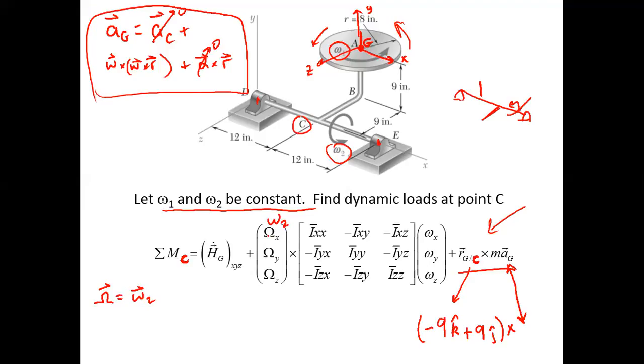Right, it's in the X, so that's what this is going to be. And then what would I put in for capital omega Y and capital omega Z? Yep, that's going to be 0, and that's going to be 0. Okay, and then what do I put in for my little omega vector here?